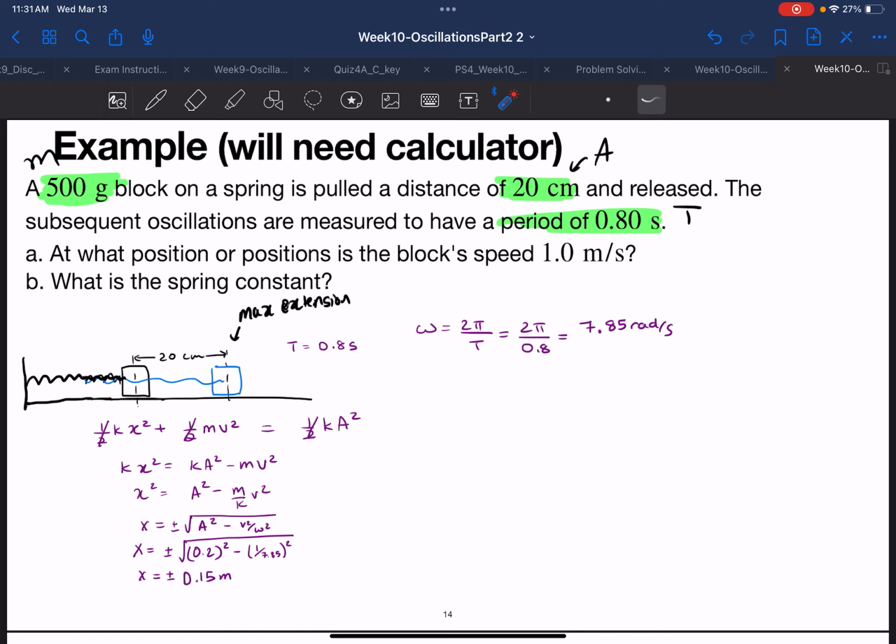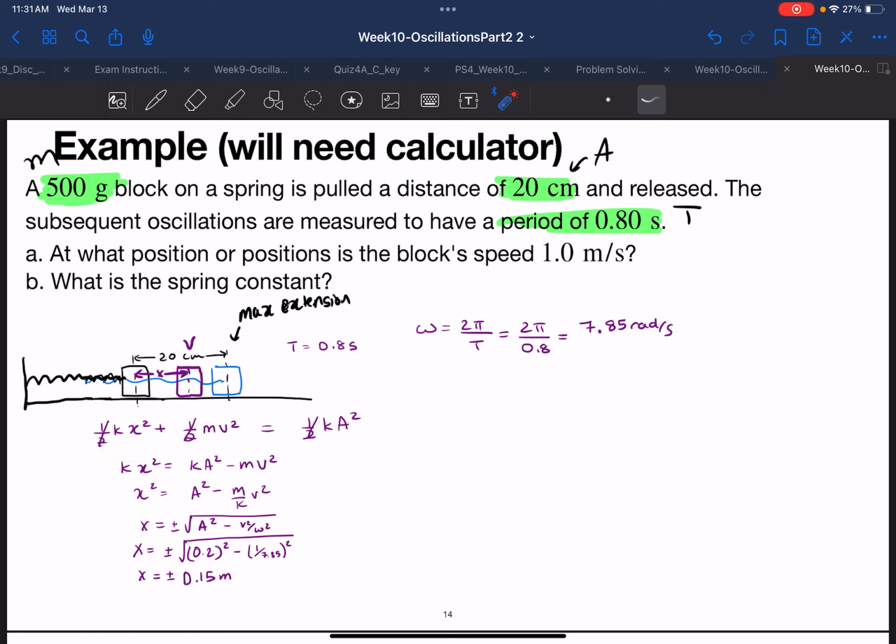So we set up the equation by doing 1/2 kA squared equals 1/2 kx squared plus 1/2 mv squared, and just to make this clear, let's draw that situation in purple. So when the block is somewhere here at a distance x away from the equilibrium, it has some velocity v at that point. So its total energy is some spring potential and some kinetic energy.